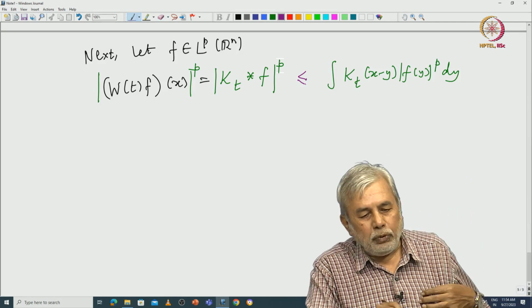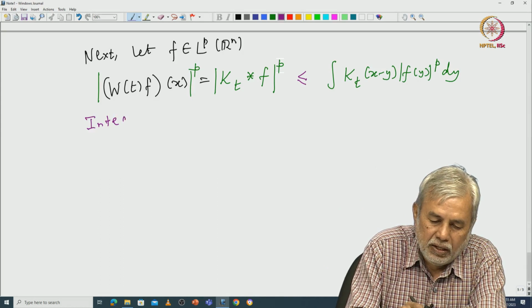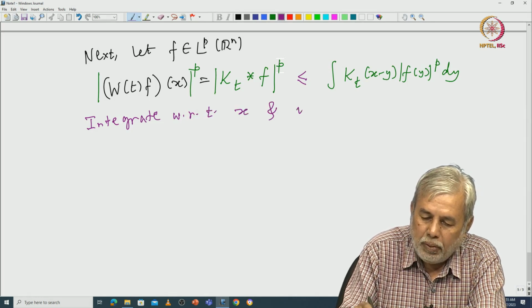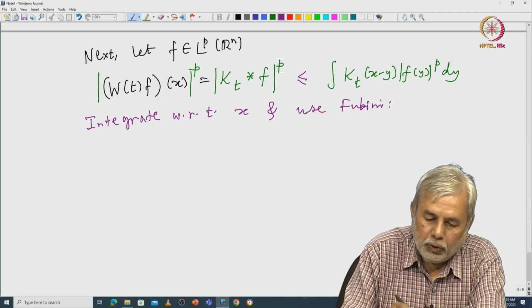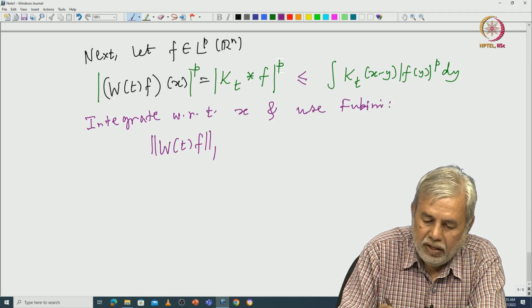And now you integrate both sides with respect to x and use Fubini, in order to get that the Lp norm of W t f is less than or equal to the norm of f.